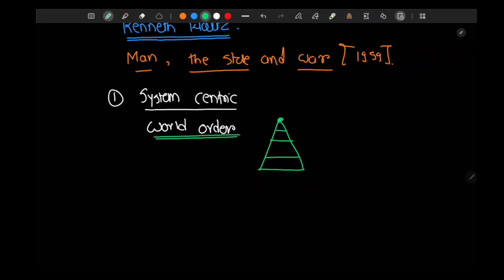This is the placement of states with respect to their aukat, in Hindi you say औकात, or their might, in a pyramid-like structure, or a ladder can be used.